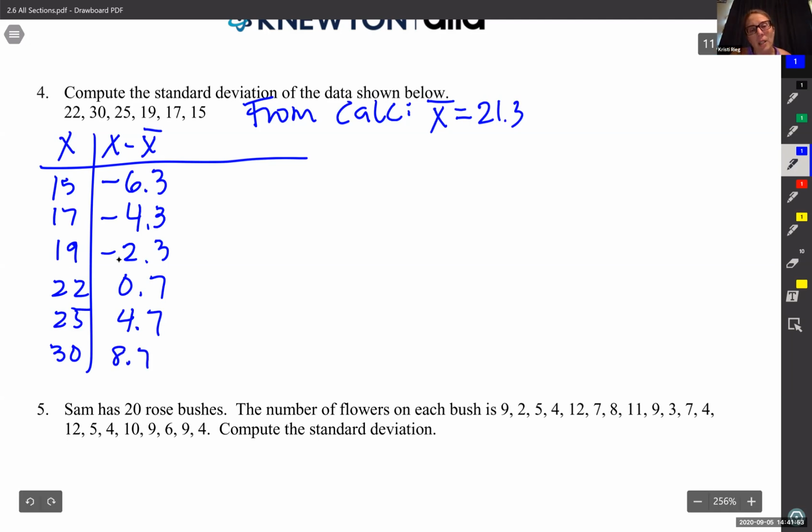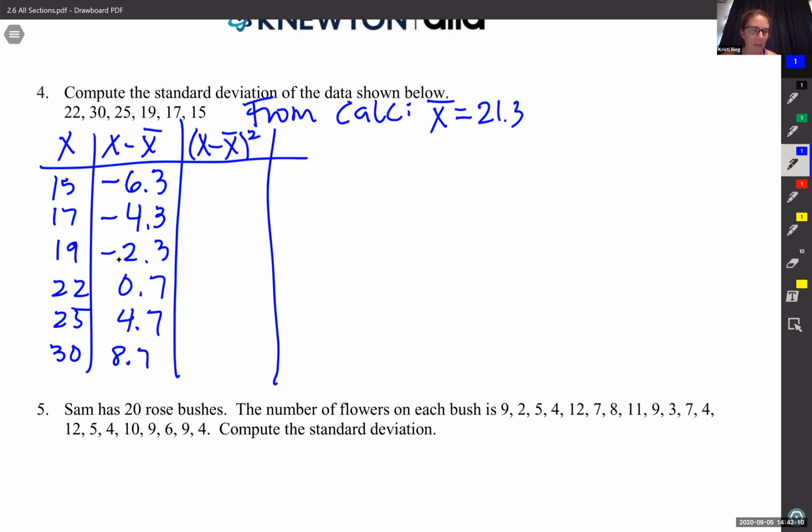So we have some positives, we have some negatives, cool. Next step is to square everything. So we have X minus X bar squared. Now, if you type it in your calculator wrong, you're going to get the wrong answer.